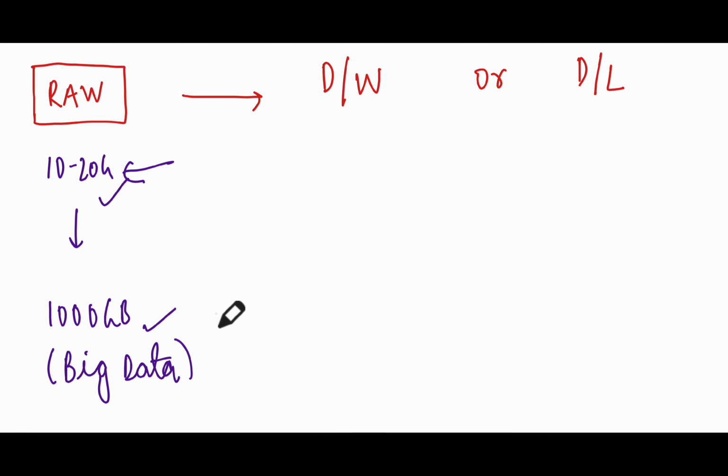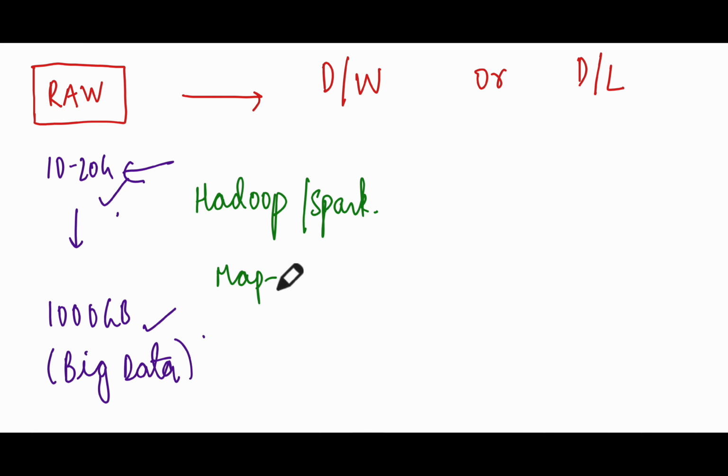You have to process this type of data as well, and this is generally done through Hadoop and Spark. How Hadoop and Spark work is not in the context of this video, but technically they work on the concept of map and reduce.